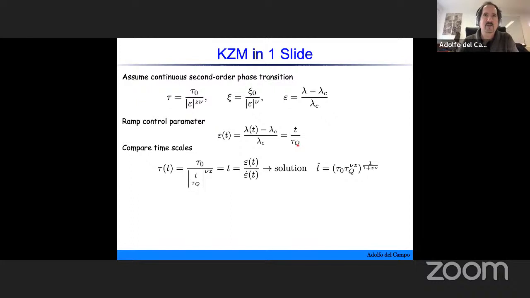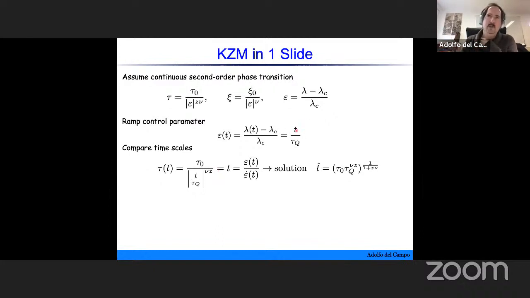And the next thing is you use the equilibrium scaling relations in the adiabatic approximation. So you look at what will be the instantaneous value of the equilibrium relaxation time when the dimensionless distance to the critical point is epsilon of t. You just take this power law, you look at the instantaneous value and compare it to the time that it takes to reach the critical point.